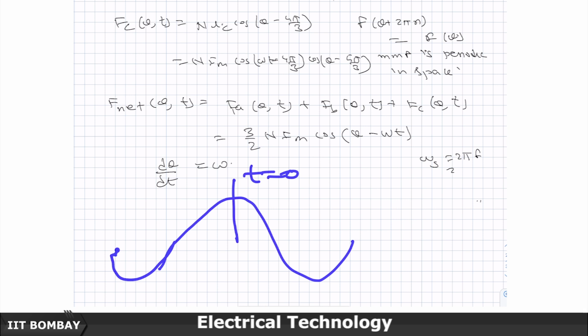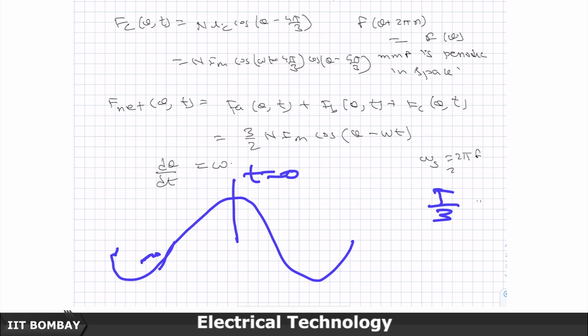Now at t by 3 seconds, omega t, where omega is 2 pi by T into capital T by 3, will be 2 pi by 3.